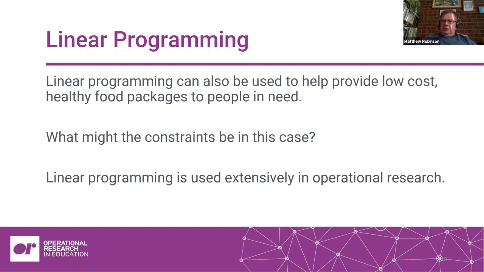So you might say, well, low cost is important, but it also has to be healthy. So how can you work out what some of the constraints might be? Would it be cheaper, for example, to buy certain foods in bulk? Does that reduce your costs? But if you don't distribute that, does the food go off? So what you need to be thinking about whenever you're considering something like a linear program is working out what the constraints may well be.